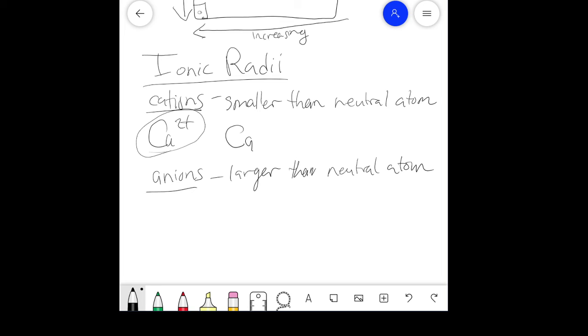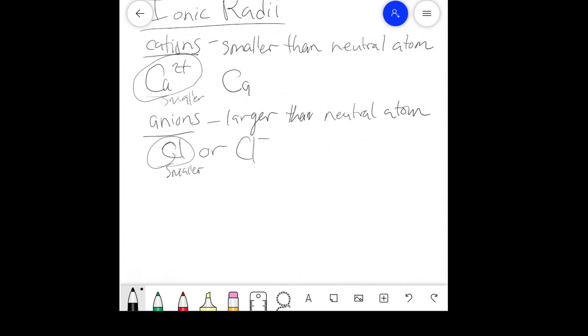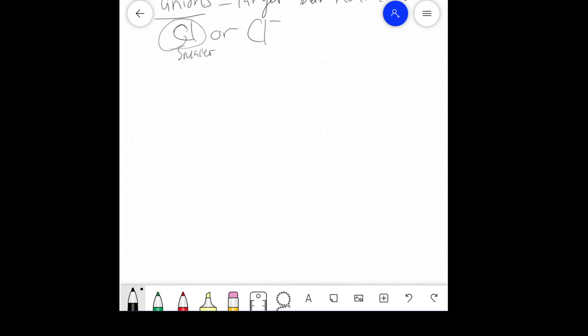The protons have less pull. So say you have chlorine or chlorine negative. The smaller one is your chlorine, because that's the neutral one, and the ion is spread out. So, okay, those are the radii stuff.